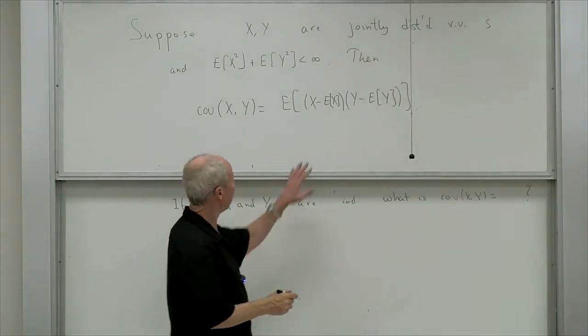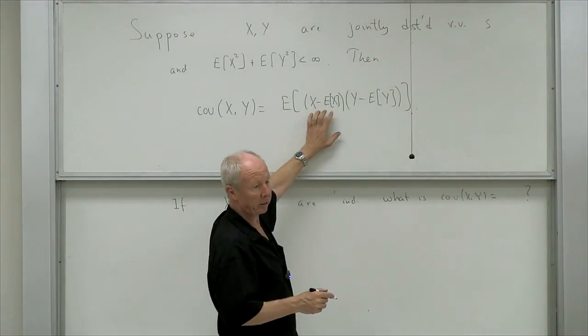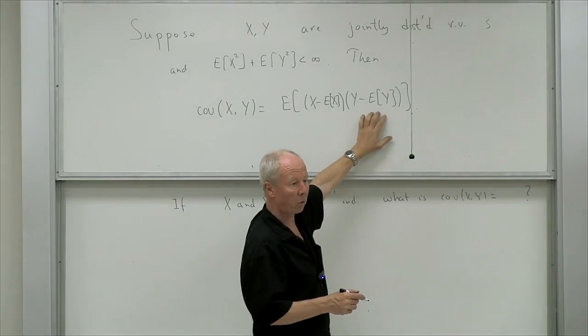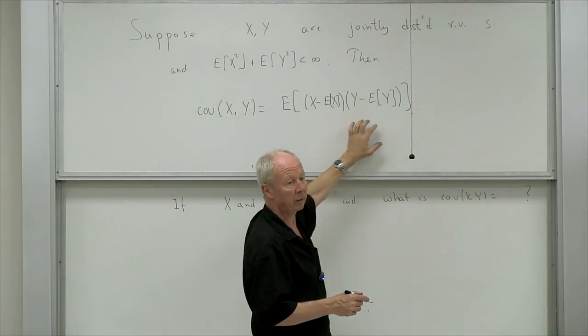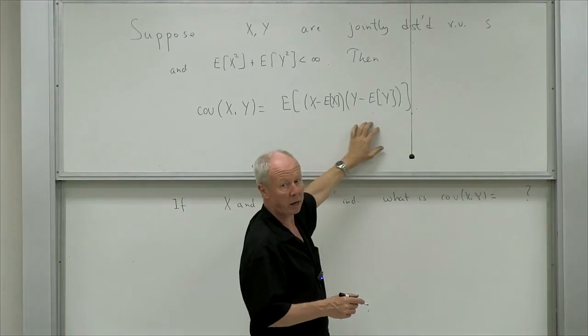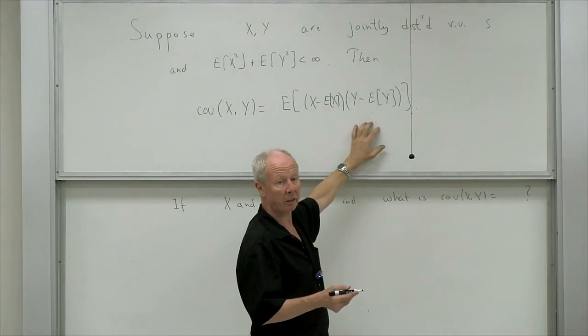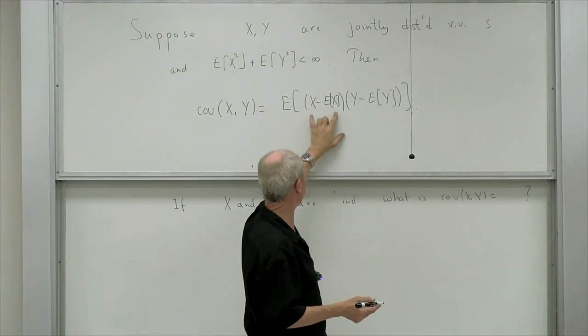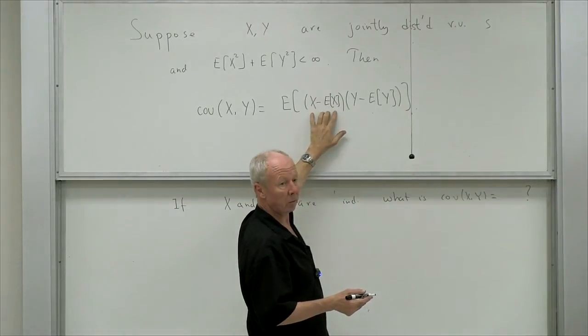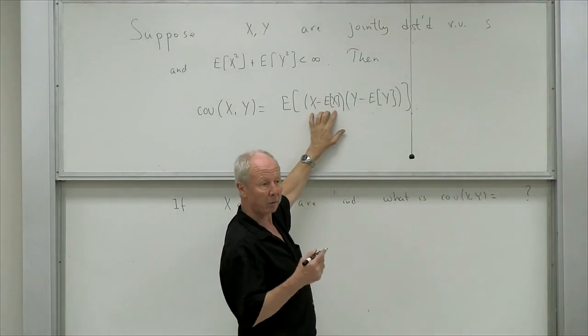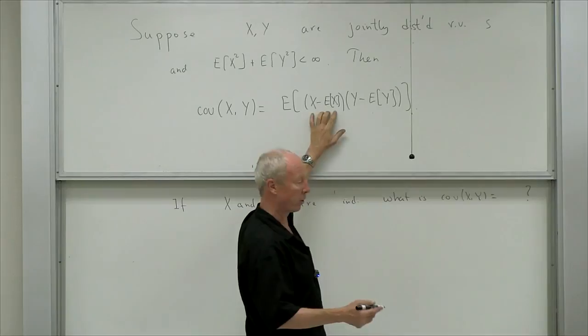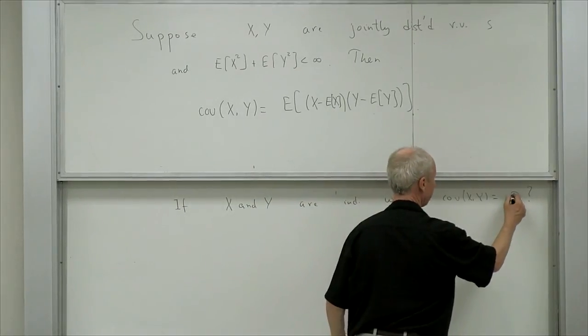Well, here we have a random variable, x minus its expected value. Here we have another one, y minus its expected value. They're independent. We're taking an expected value of their product. That would be the product of the expected values. What's the expected value of this? When we subtract the expected value from a random variable and take the expected value, you get 0. So the answer here is 0.